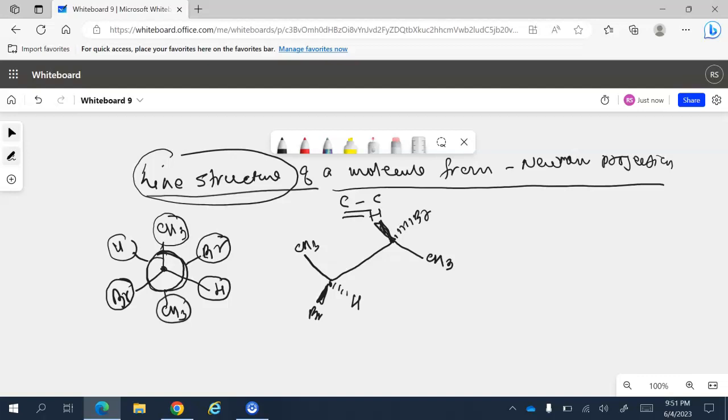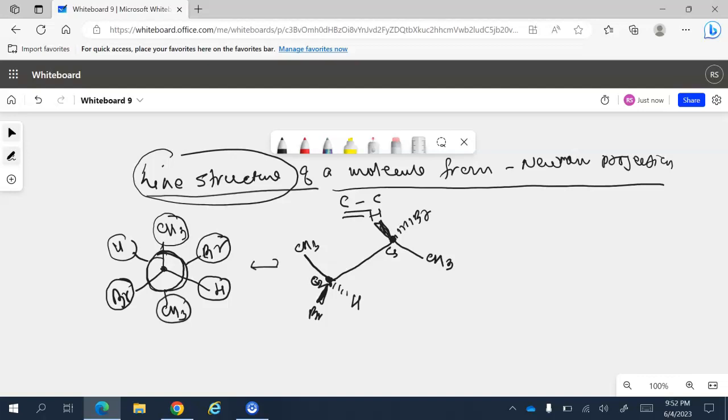Now here the structure is depicted for carbon number 2 and carbon number 3. So this is carbon number 2 and this is C3, that is what this structure is depicting.